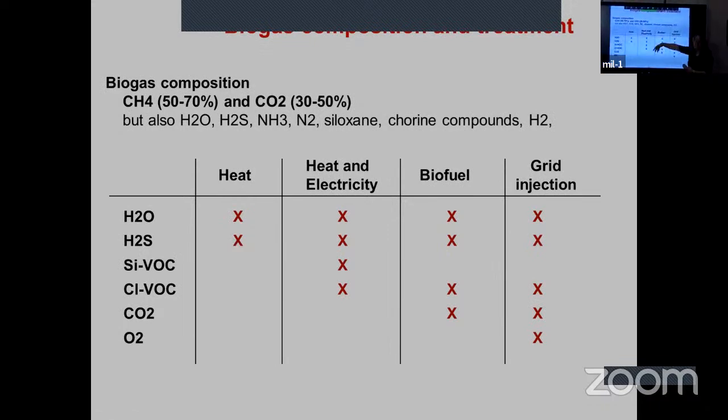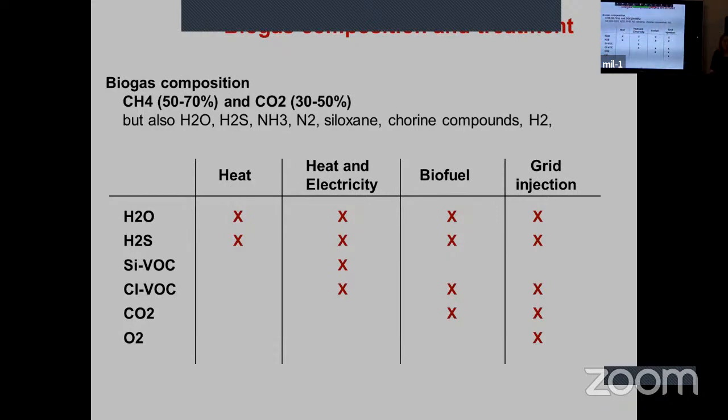So the two main compounds will be methane and CO2. But you can also have some hydrogen, which we have seen as an intermediary compound, some chlorine compounds, siloxane, nitrogen, ammonia, hydrogen sulfide, and water.